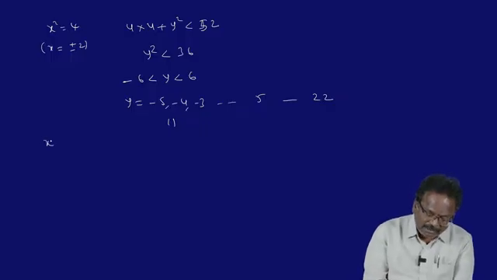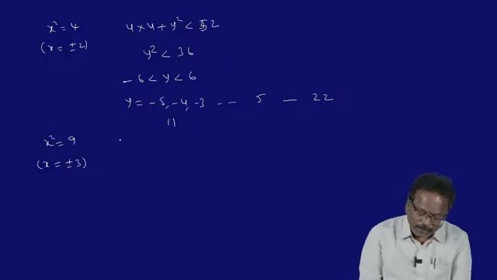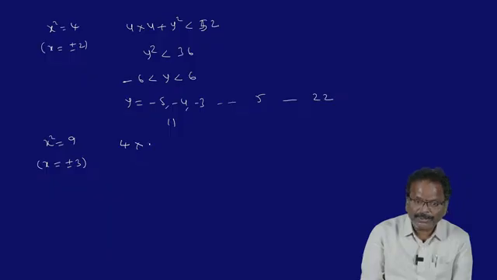Now take x square is 9, which means x may be equal to plus or minus 3. How many values are possible for y? 4 into 9 plus y square less than 52, so y square is less than 16.